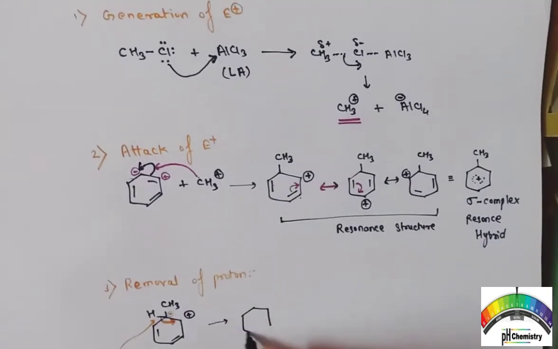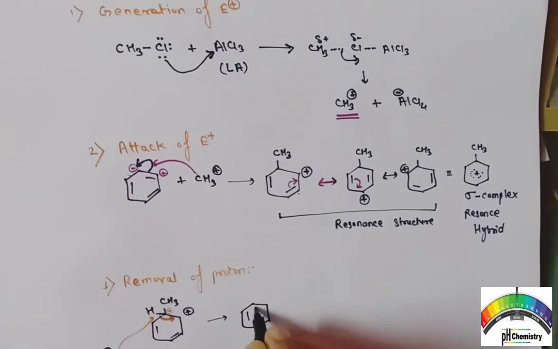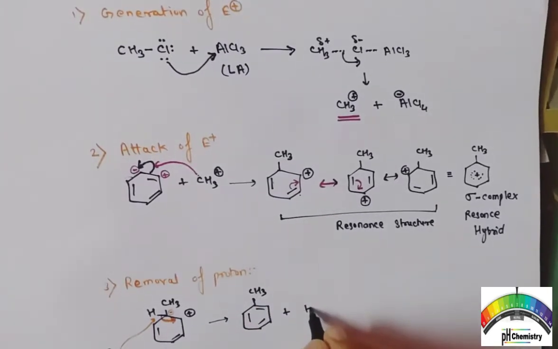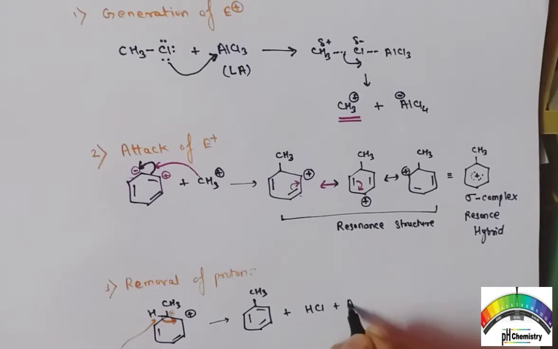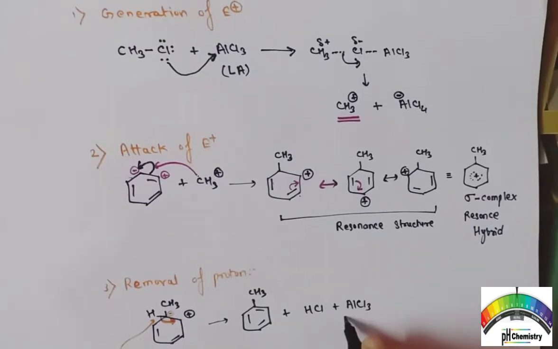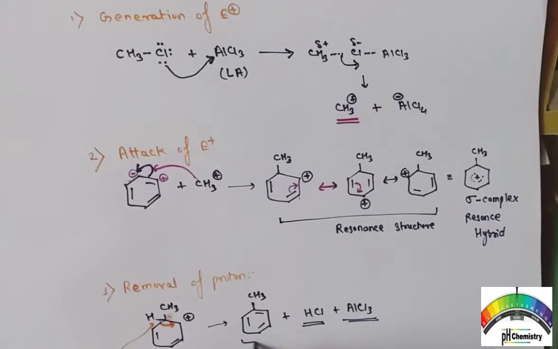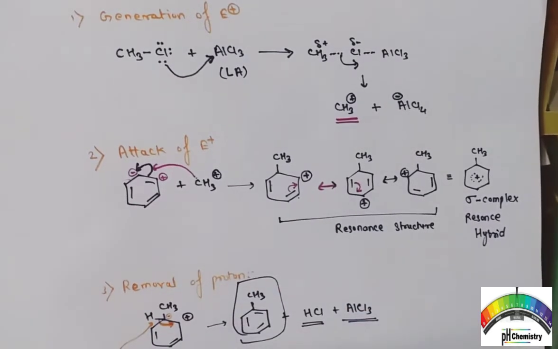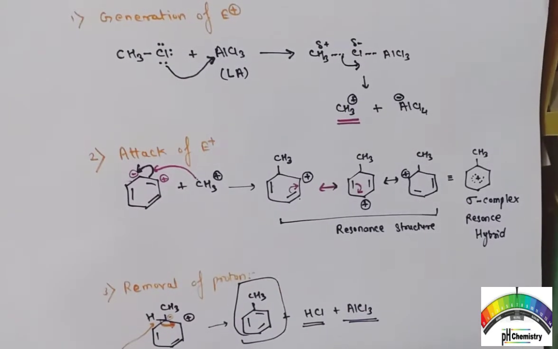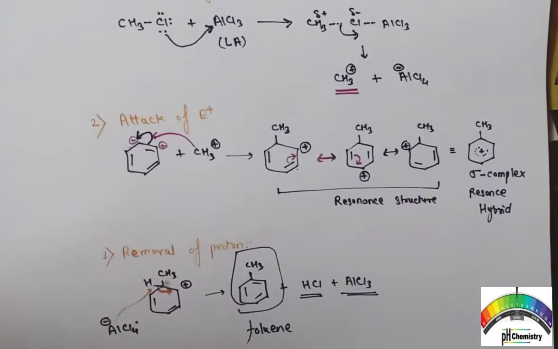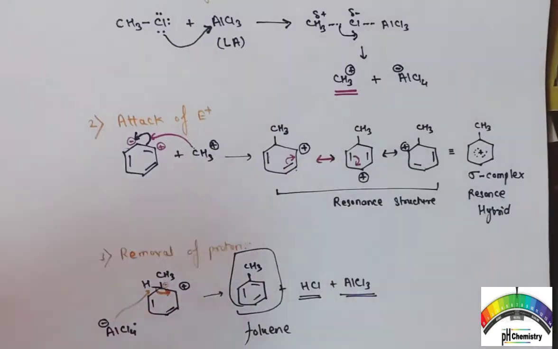So we'll get our final product, which is toluene, and HCl and AlCl3. So AlCl3 is recovered in this reaction, HCl is a byproduct, and our product is toluene.